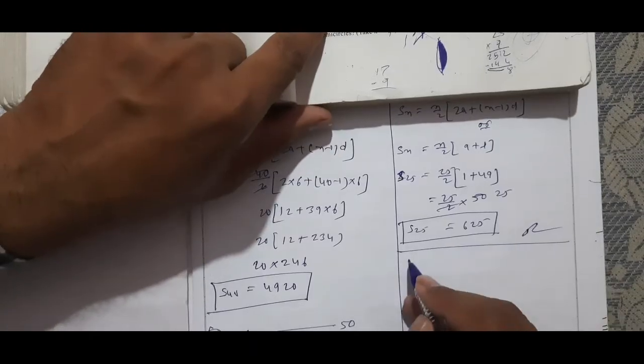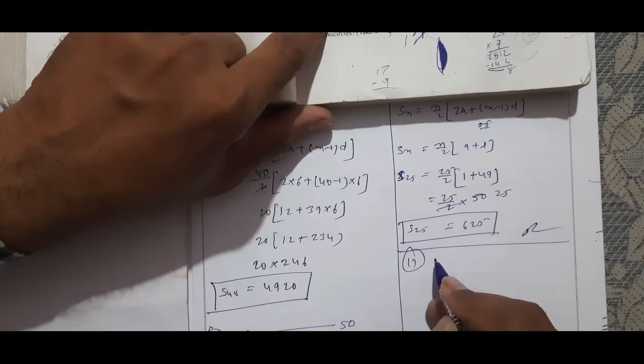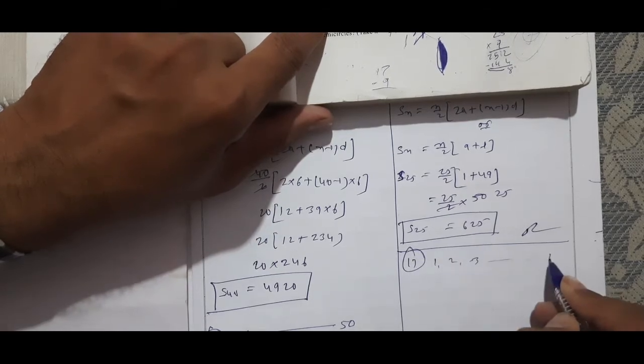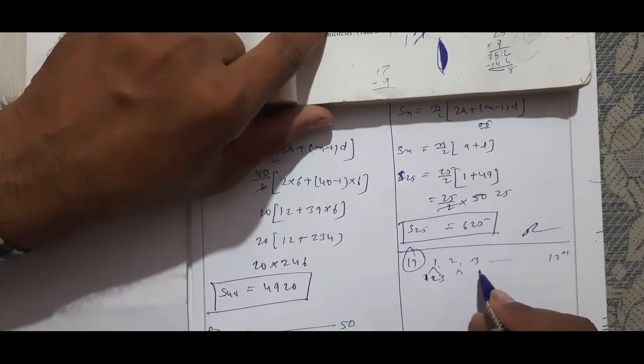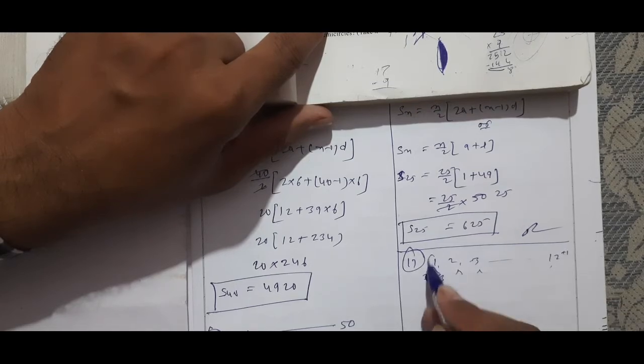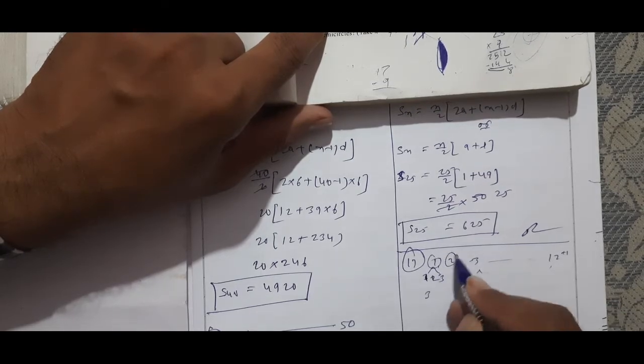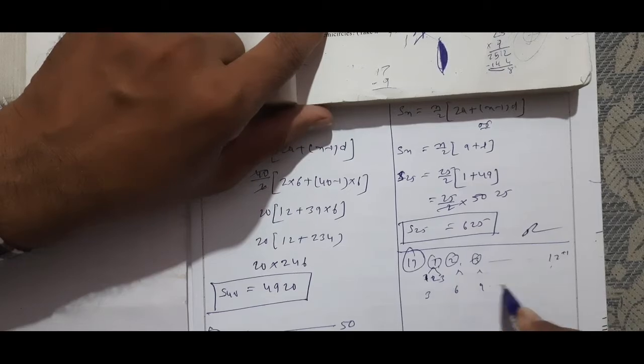Look here, this is question number 17. There are classes 1, 2, 3 up to the 12th, and each class has 3 sections, 1, 2 and 3, like this. So in the first class there are 3, the second class 6, the third class 9, and so on.